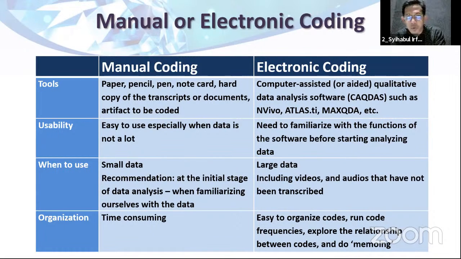And for electronic coding, we usually use electronic coding when the data is large, including videos and audios that have not been transcribed. Organization of manual coding, really time consuming, and electronic coding, easy to organize codes, run code frequencies, explore the relationship between codes, and do memoing.